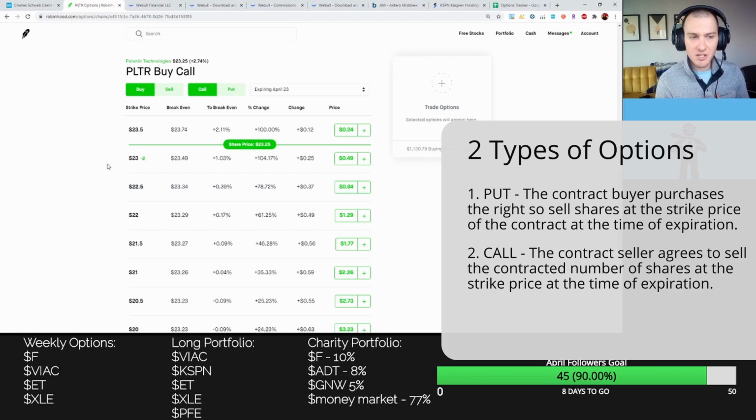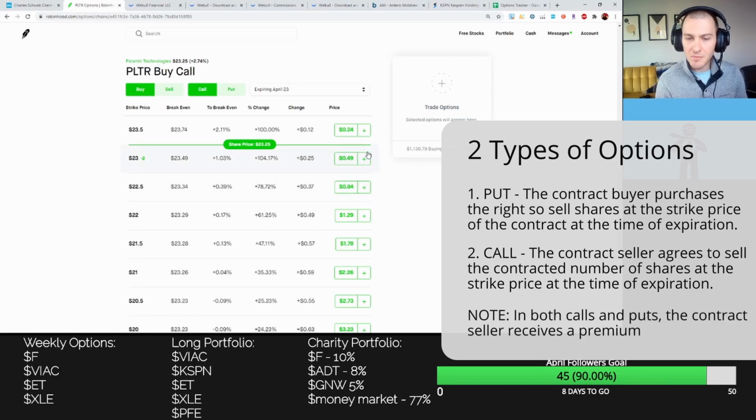I want to sell my shares at 23 and capture a little profit and capture some premium income at the same time. So I sold the right for someone else to buy the shares of Palantir at 23. And I don't remember what I sold it for. It doesn't really matter because that's the point of my strategy, is I just continually do it every week.